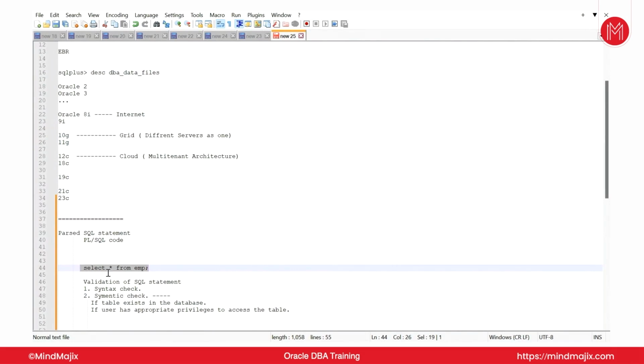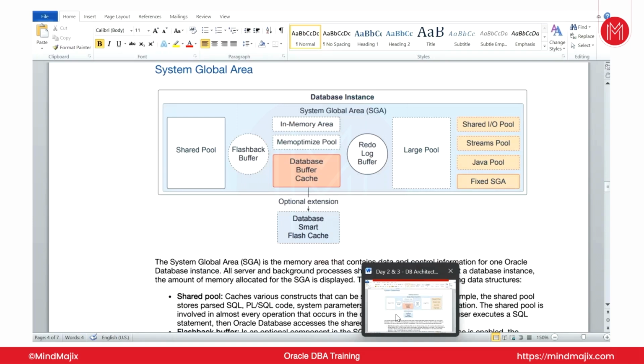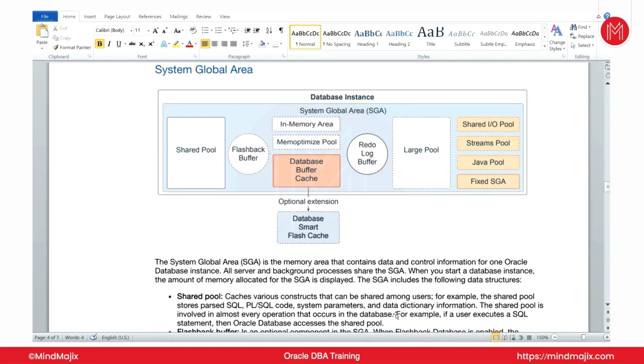So the shared pool will not have an invalid statement, like a non-existing table? No, it will not. And where is the step when I get the results back? It's the last step, right? Sorry, Esther, can you please come again?